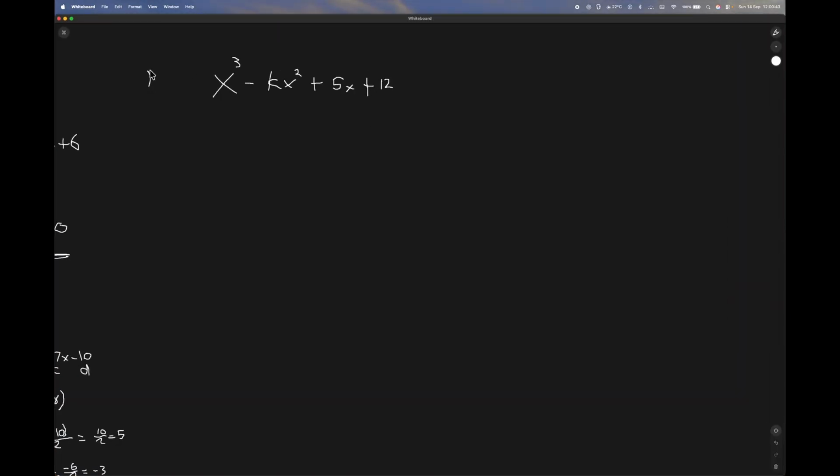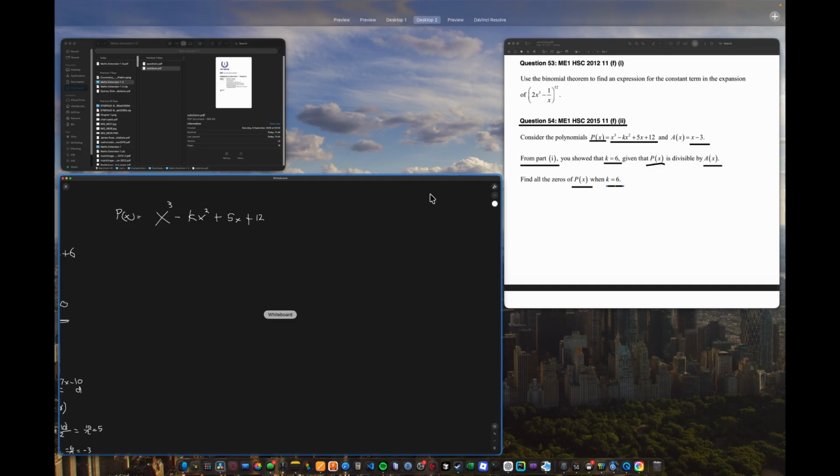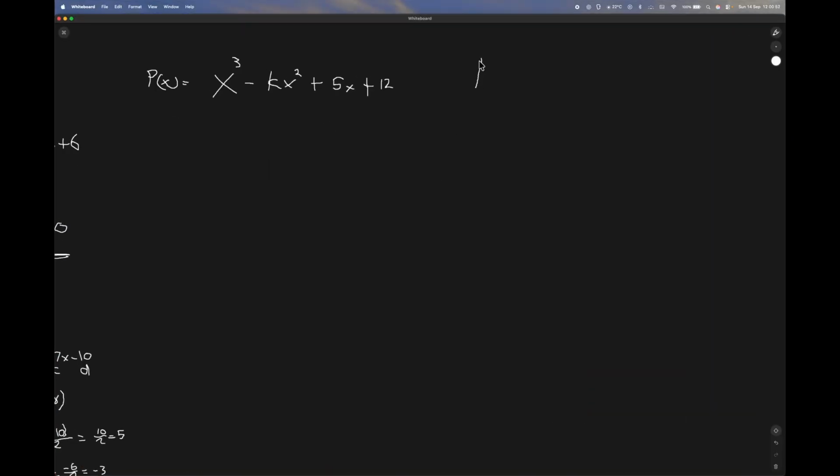So that's p of x. a of x is equal to x minus 3.